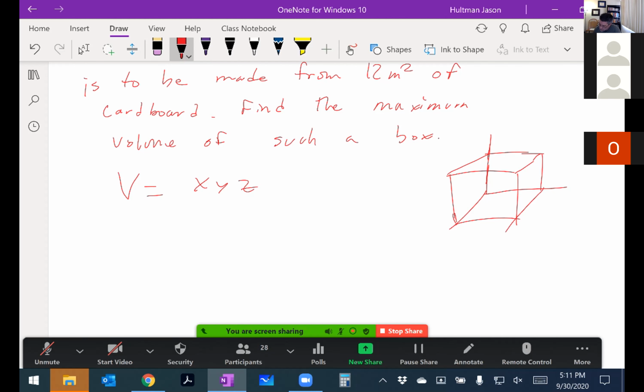There's my box. So the volume is XYZ. This is my F of X, Y, Z. That's what I want to optimize, what I want to find the maximum of. And what's my constraint?